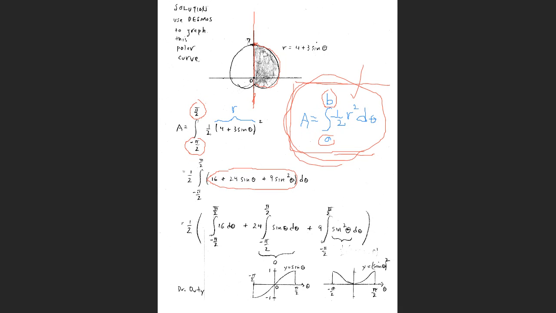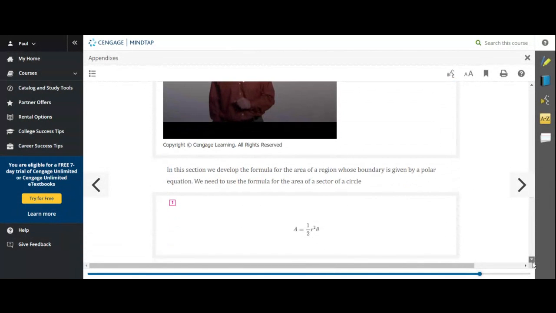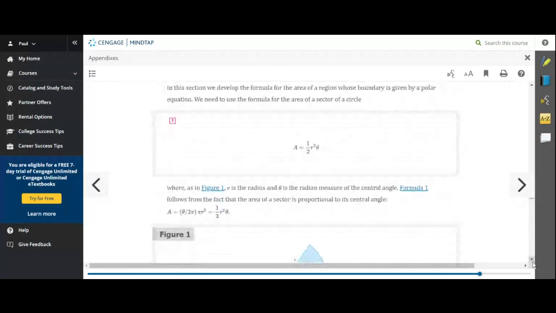Okay, so that being said, let me bring up the ebook here, when they talk about areas in polar coordinates. All right, so how do they get that?